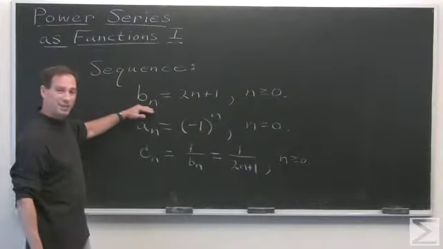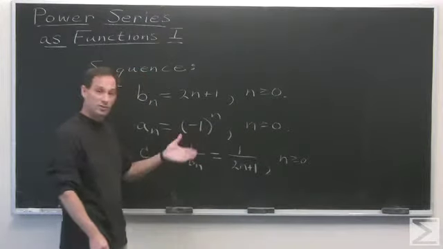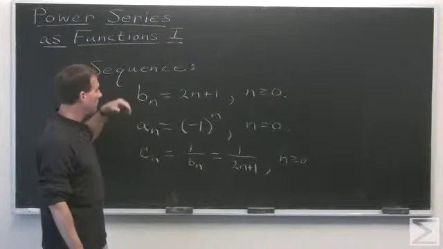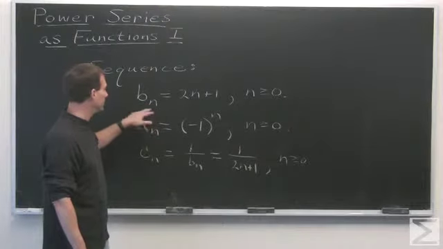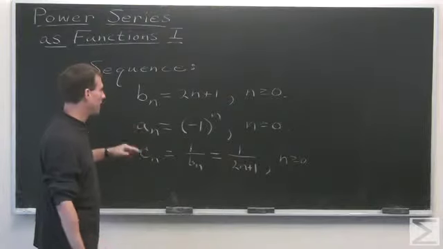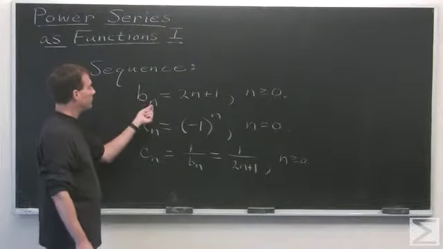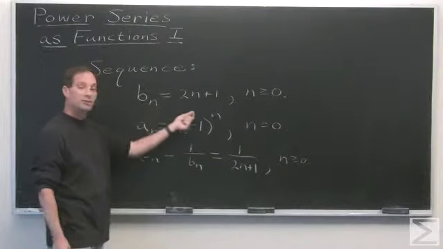For each integer n greater than or equal to 0, but I could have started anywhere. I typically call the starting index m, but you can call that anything too. These are actually functions. You give it an integer greater than or equal to 0, and it gives you back a number.